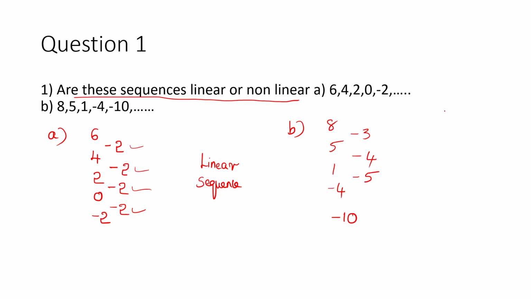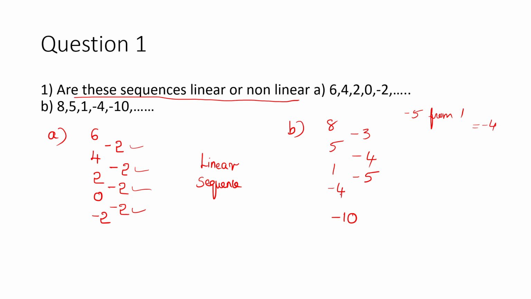That is how I can perform it. From 1, I have to subtract 5. 5 minus 1 is 4, and the larger number has a negative sign, so the answer will be minus 4. So here the difference is minus 5.